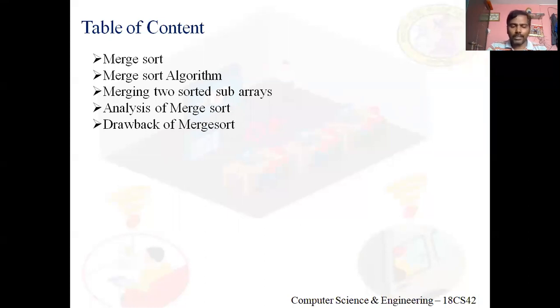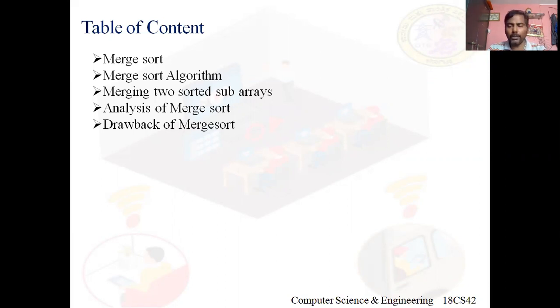What I said is that merge sort is faster and efficient in terms of time, but it is not space efficient. It takes extra space. If a sorting algorithm takes extra space, then we call it not in place.